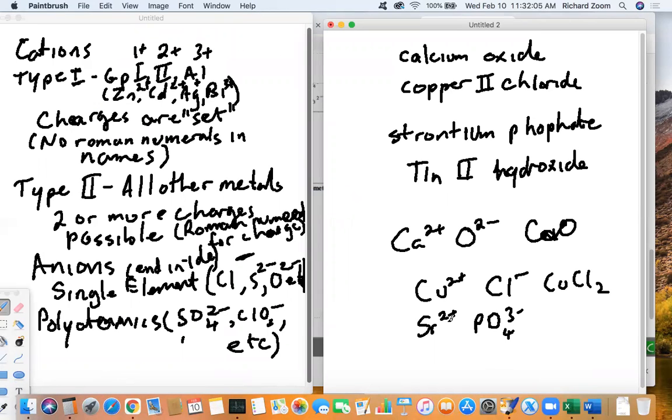And then the question becomes, well, how many of each do I need to balance this out? Well, one of each isn't going to cut it because +2 and -3 don't balance out. But if I multiply these together, I get 2 times 3 is 6, which gives me an idea of how many I'll need. So it'll be 3 Sr to give me +6 and 2 phosphates to give me -6. And that would be my final structure there. Does anybody have any questions?